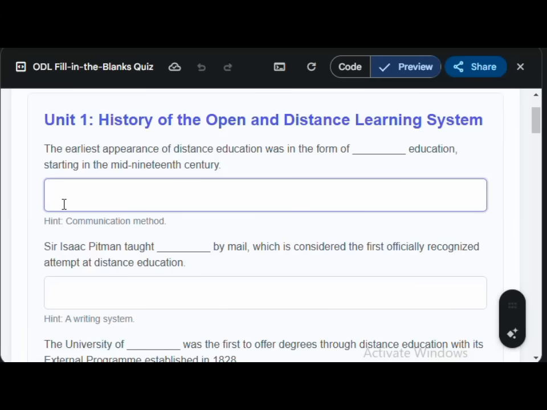Therefore, your answer should be in small letter, correspondence, and your spelling must be accurate. If you write correspondences, you are wrong. Any small mistake, 1 mark is removed. According to the course material, it is correspondence.